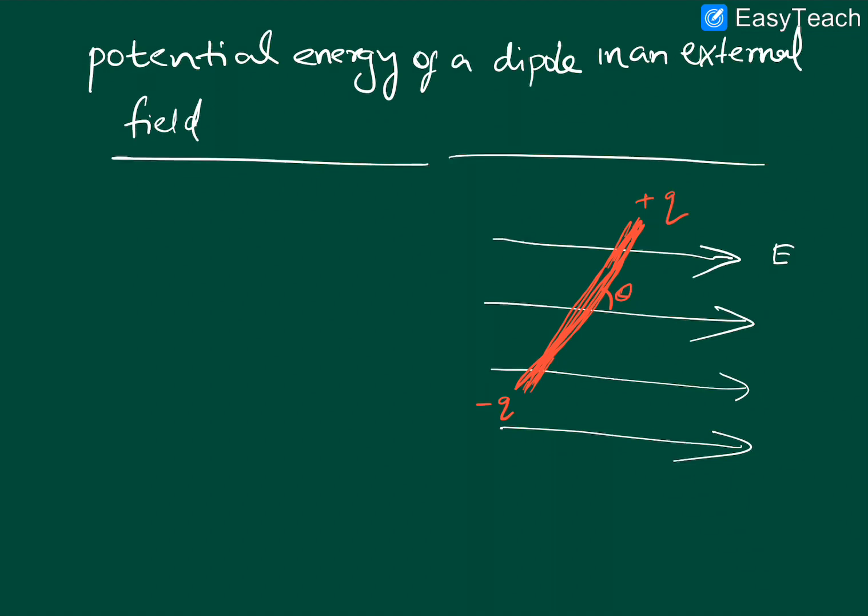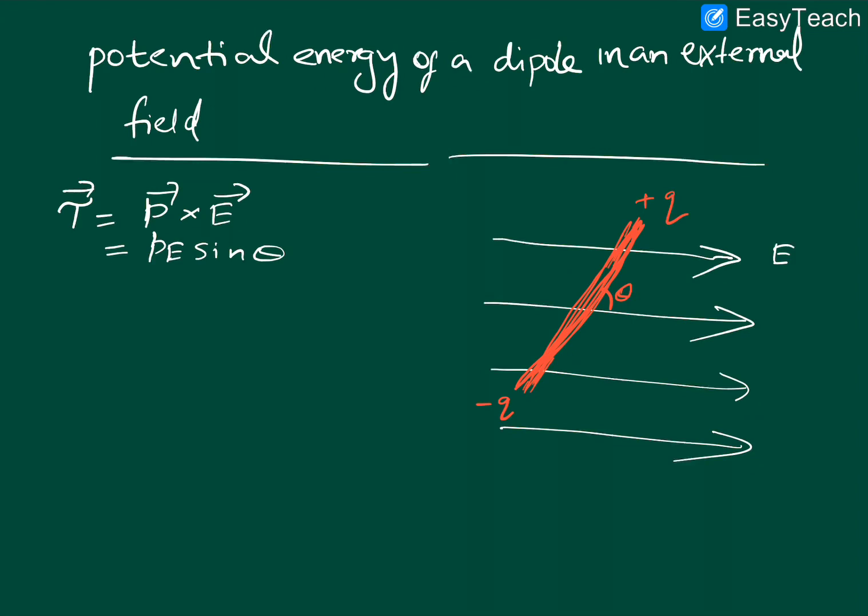Now, in this case, we already discussed the torque acting, and we already have the equation in the first chapter. Torque is equal to p cross E, where p is the dipole moment, and E is the electric field. p cross E is nothing but pE sin theta. This we already discussed.